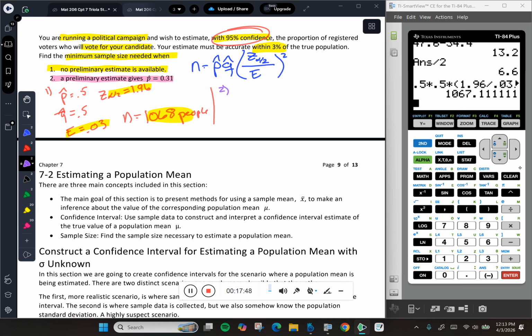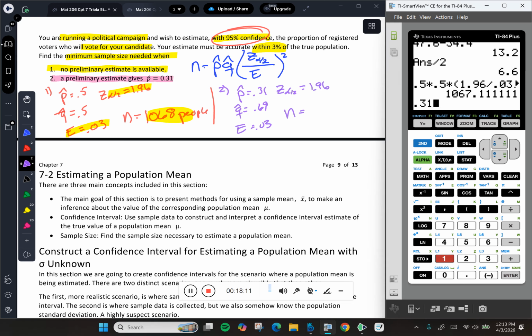Now, what should be different than what we saw earlier is what we get for part B, or part 2, where we have an estimate of p hat at 0.31, which means q hat would be 0.69, and E is still 0.03, and z sub alpha over 2, our critical value, is still 1.96. Now what's n going to be? This is the one where it'll be different.